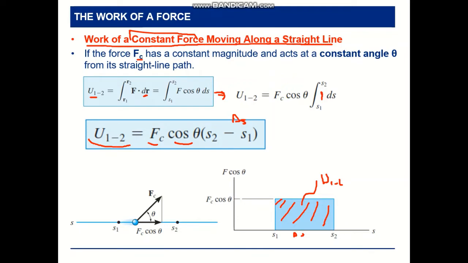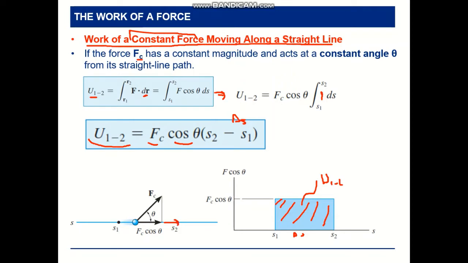Also here, our path is straight, and if our force is at an angle, we need to multiply by cosine theta in order to project the force into this direction.